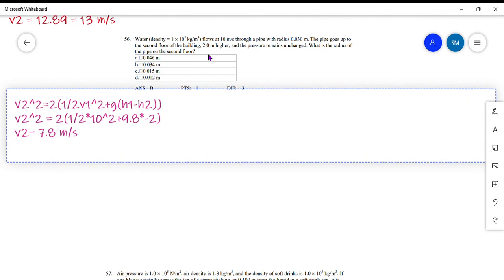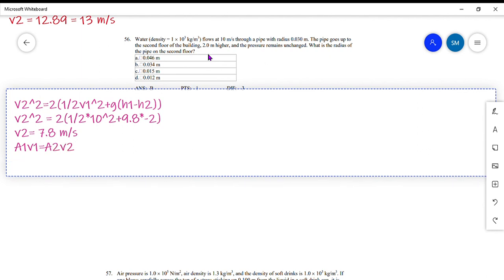But he doesn't want to know V2. He wanted to know the radius of the second pipe. That means we will calculate the area of the second pipe. So we will use the continuity equation, A1 V1 is equal to A2 V2. Let us start with calculating A1.